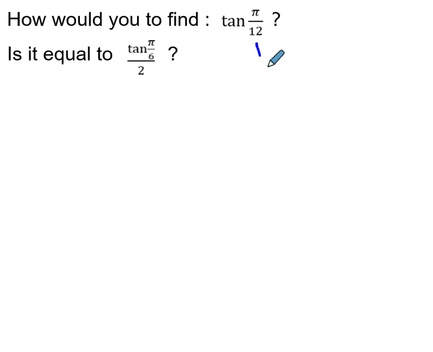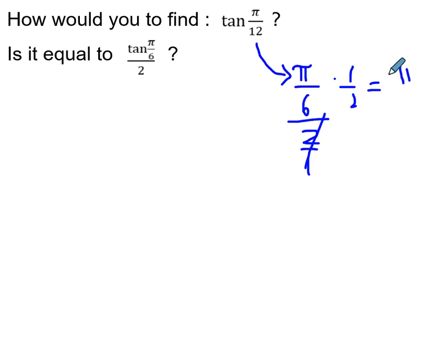Pi over 12 is the same as pi over 6 divided by 2. Remember, when we divide a fraction, we can also multiply by the reciprocal. That would give us our pi over 12.